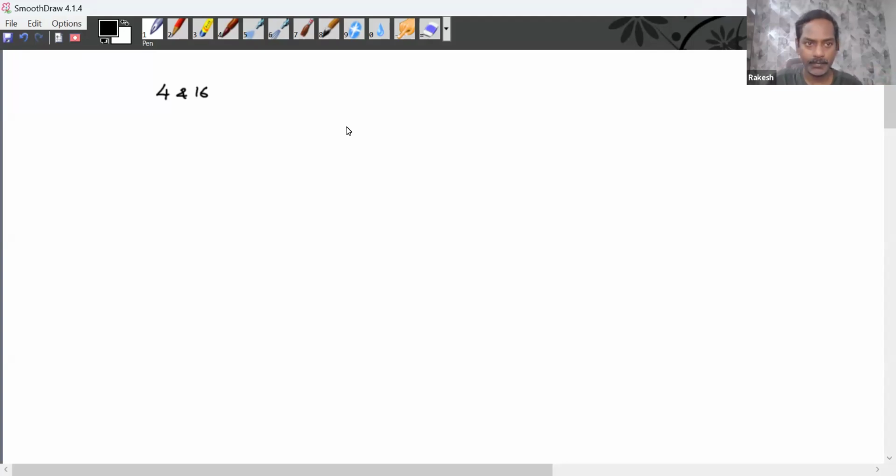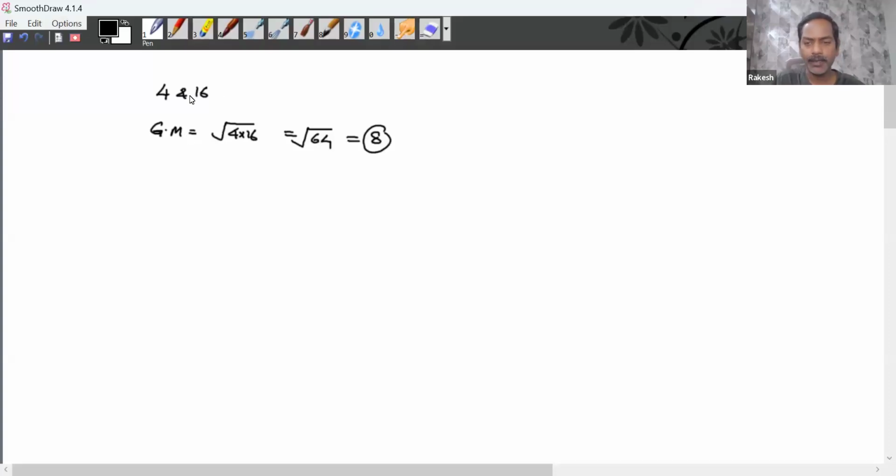For two numbers, the geometric mean would be the square root of their product. Since there are two terms, we take the product and then the square root of it. So this is equal to the square root of 64, which comes out to be 8. So 8 becomes the geometric mean of 4 and 16, right?